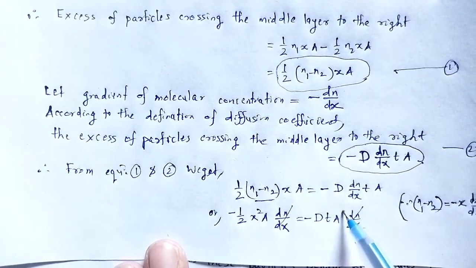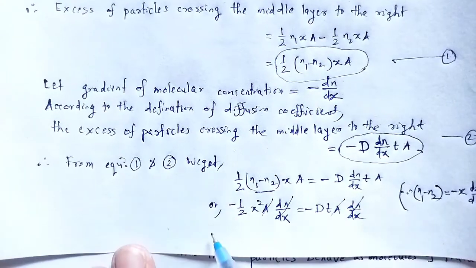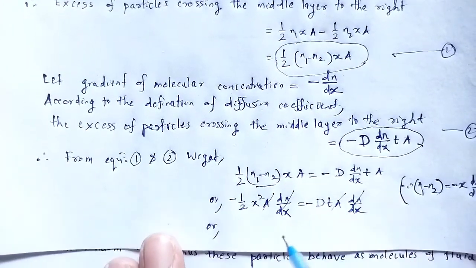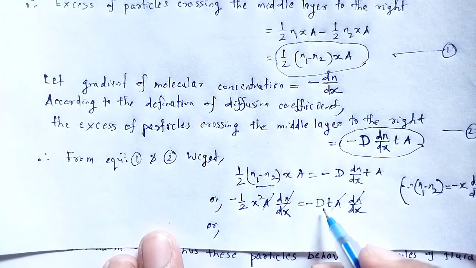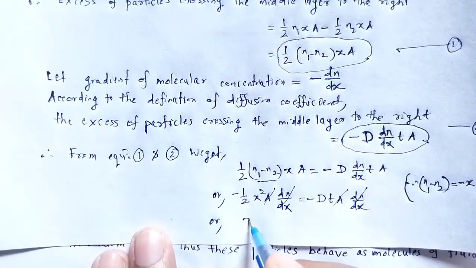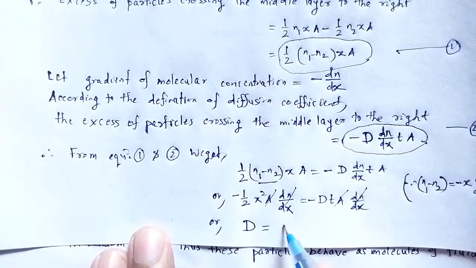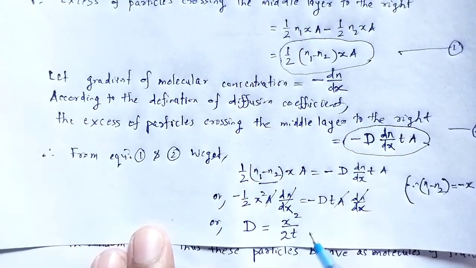dN by dx and A cancel each other. So we have half x square is equal to minus D into t. The minus signs cancel out, so D is equal to x square divided by 2t.